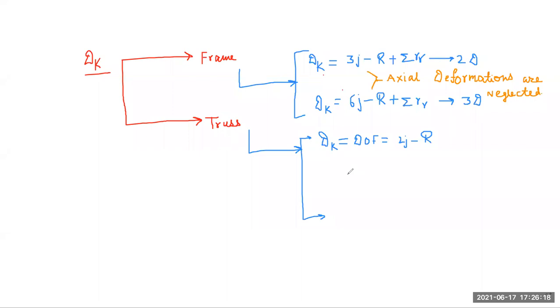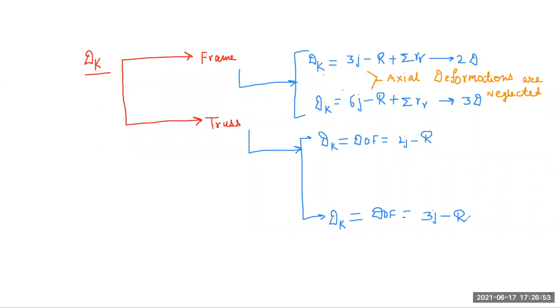For a space structure or pin jointed frame, DK is defined like that: degree of freedom is equal to 3j minus r.